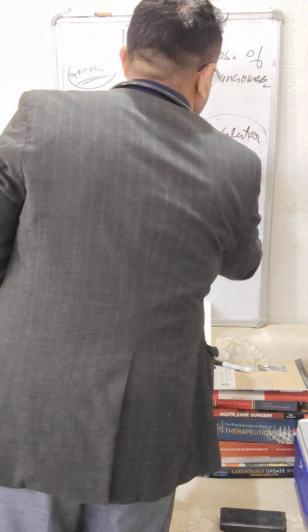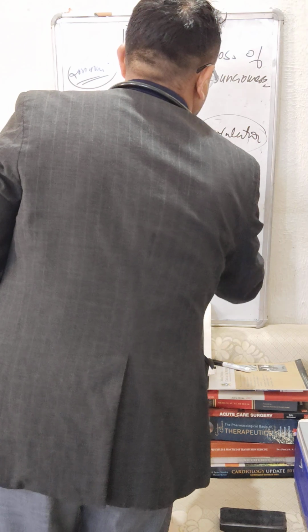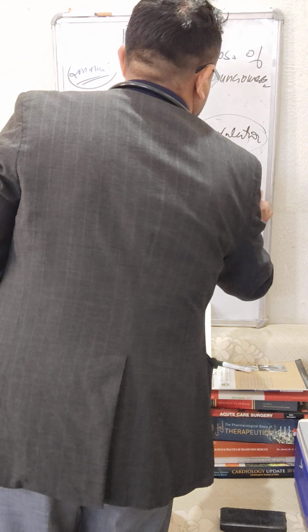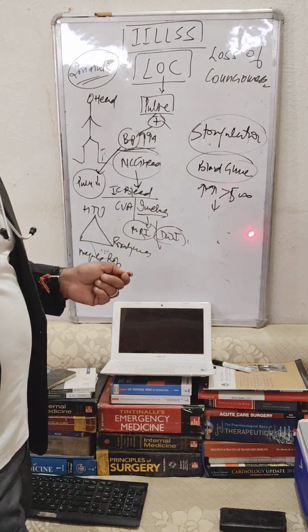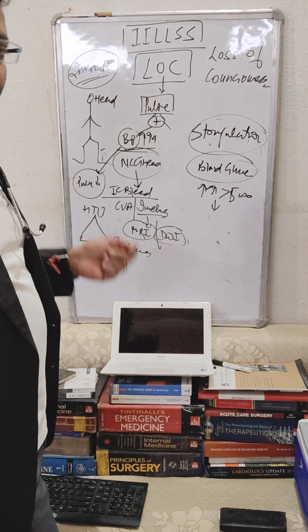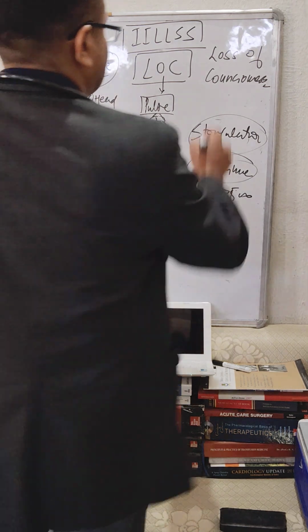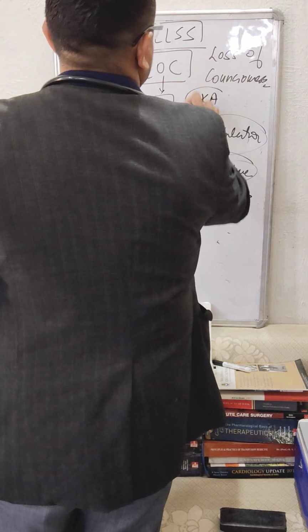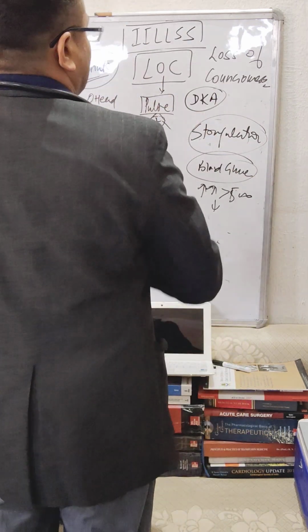If blood glucose is on the higher side, more than 500, let us say, immediately get blood for acetone, urine for acetone or urine for ketone, to rule out diabetic ketoacidosis.